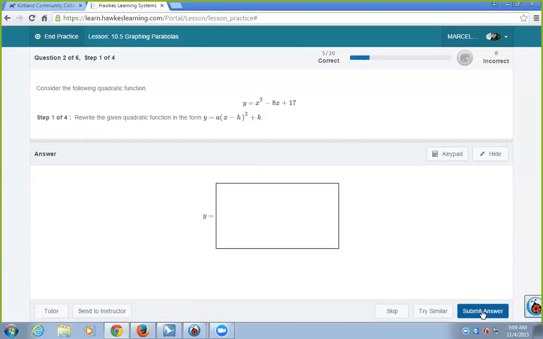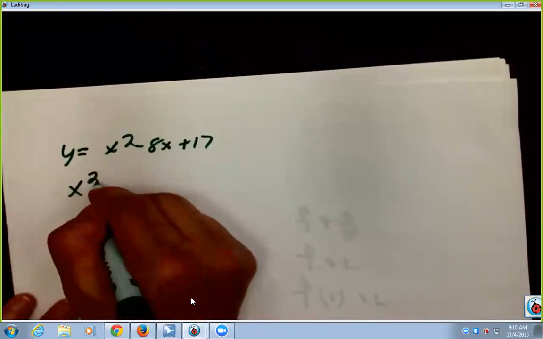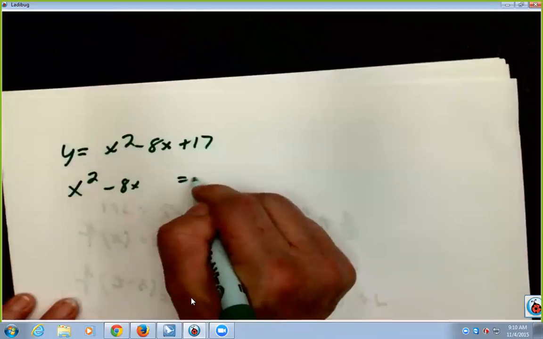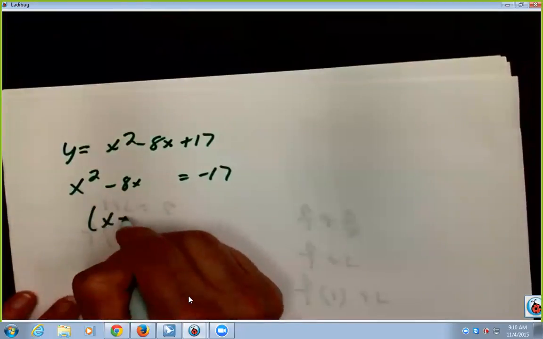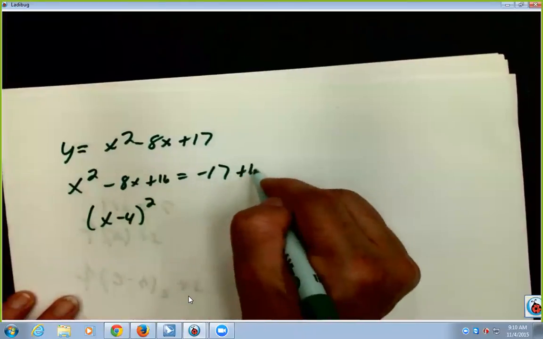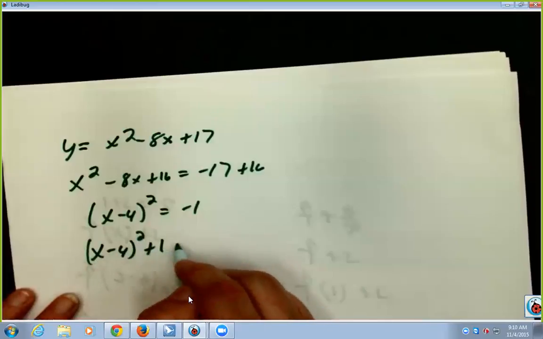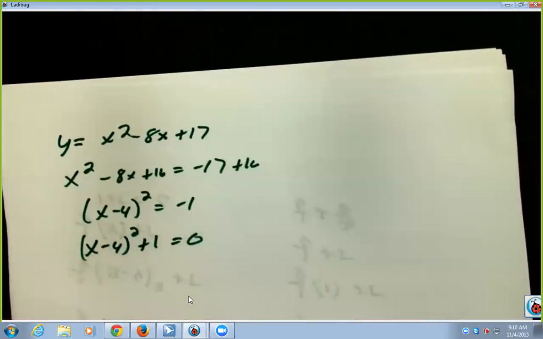You get it written down on paper. So we need to get in that format. So x squared minus 8x equals negative 17. x minus 4, 4 squared is 16. So (x minus 4) squared plus 1 is going to be what we put into that location.